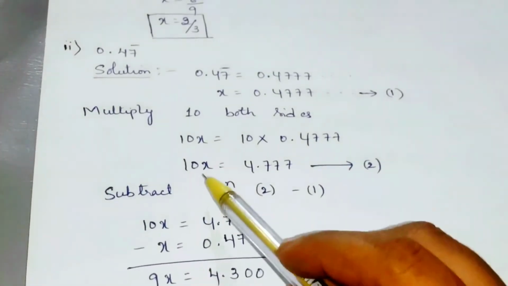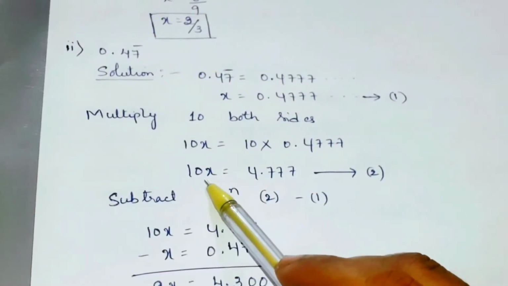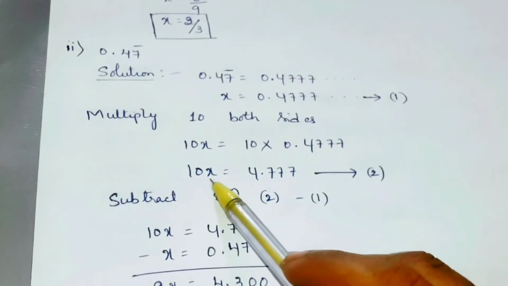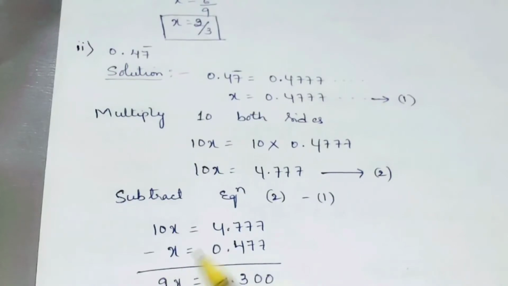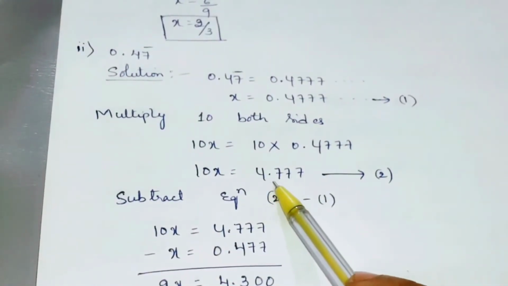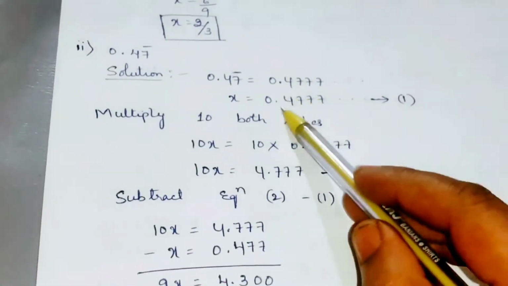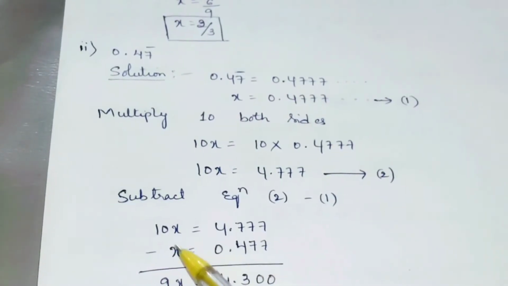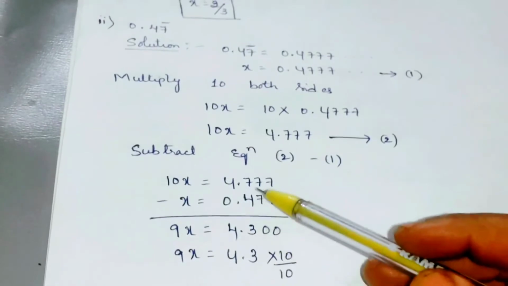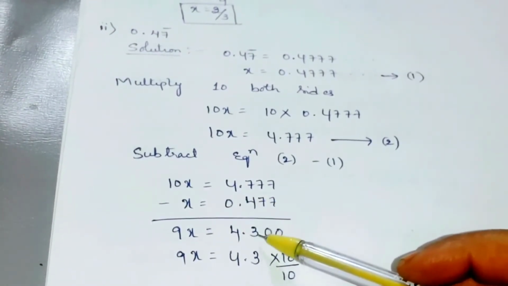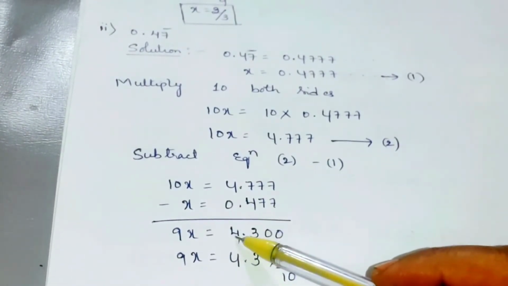Now what is the left hand side of equation 2? That is 10x. What is the left hand side of equation 1? It is x. Then write the right hand side and the left hand side. If you subtract, you will get 7 minus 7 is 0, 7 minus 7 is 0, 7 minus 4 is 3, 4 minus 0 is 4.